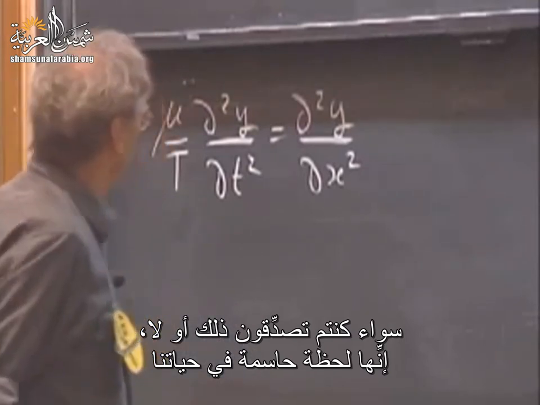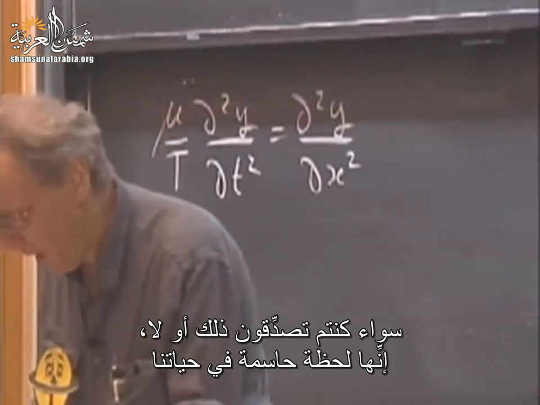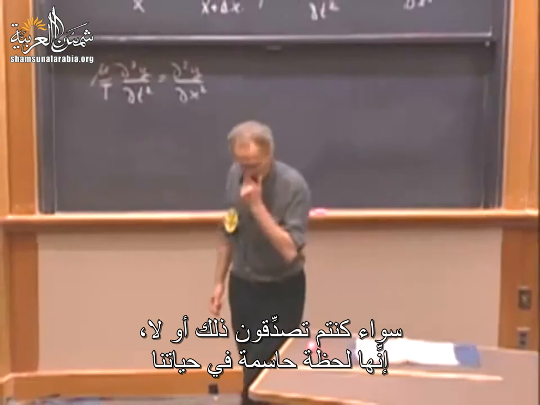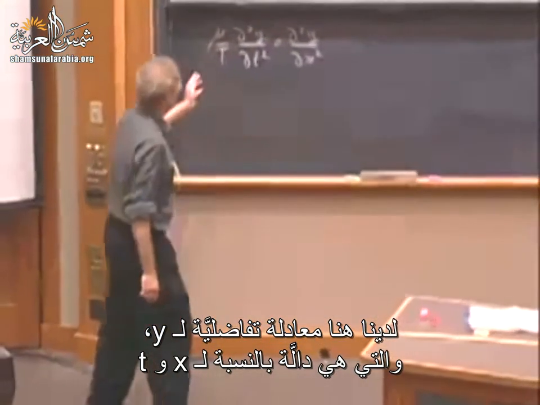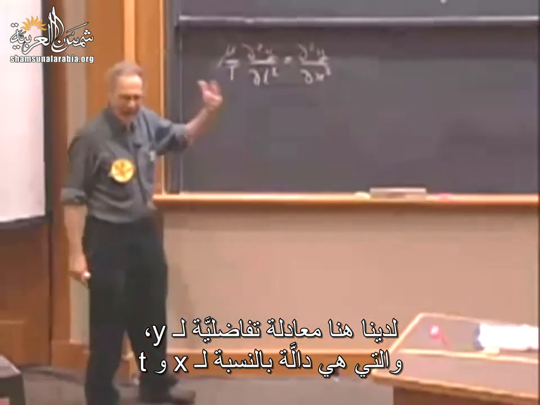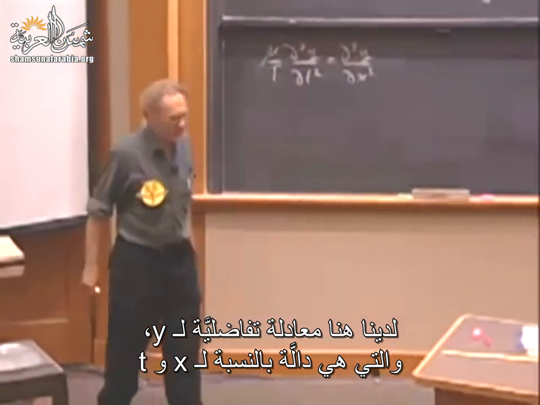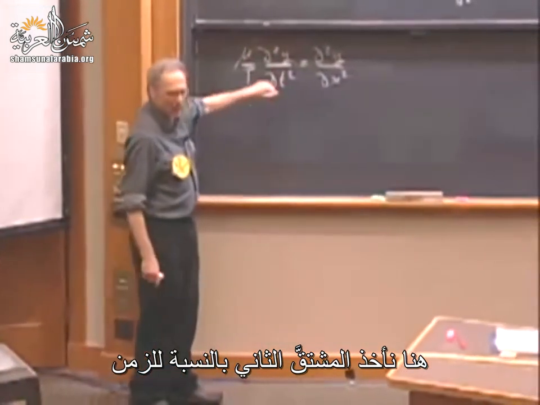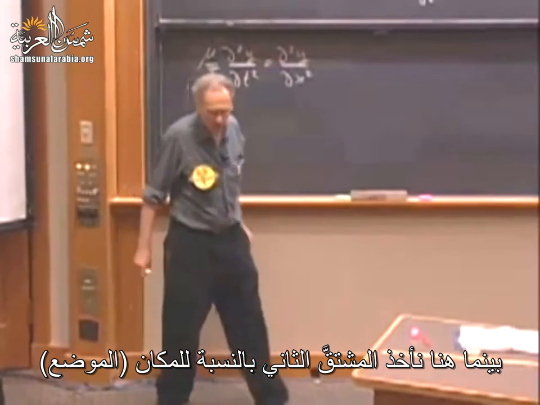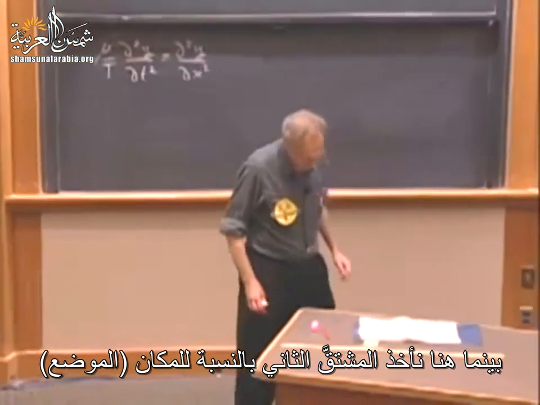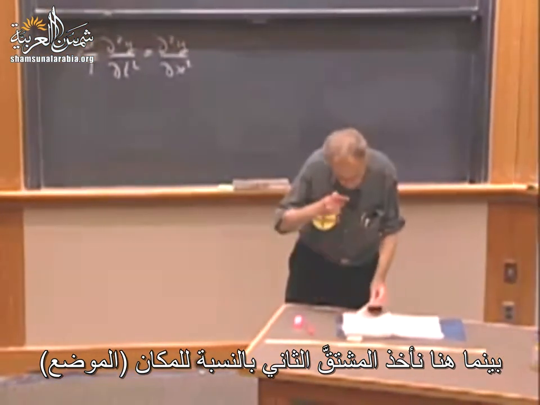And believe it or not, this is a big moment in our life. You have here a differential equation of y, which is a function of x and t, whereby here you take the double derivative in time, and here you take the double derivative in space, in location.